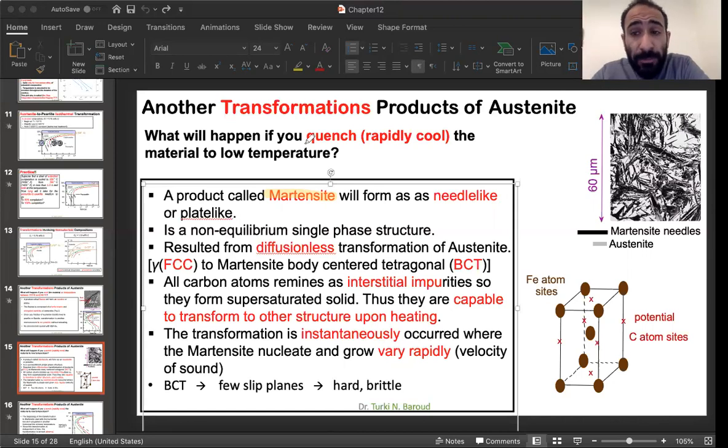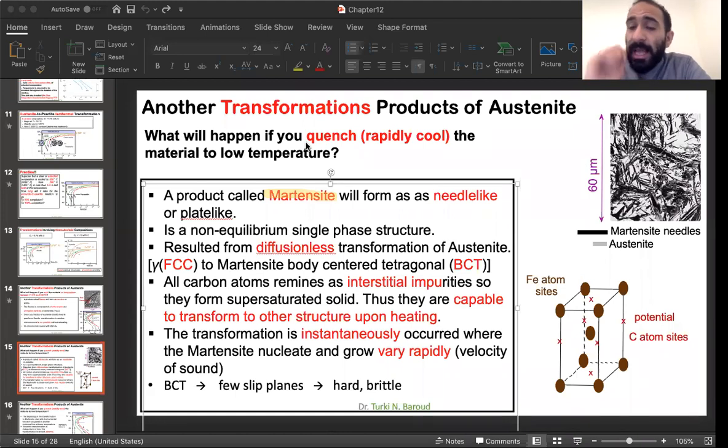But the difference between pearlite and bainite is the way the microstructure looks. Now, martensite has a different microstructure. It has only a single phase. It's called martensite, so it is not composed of alpha and iron carbide.